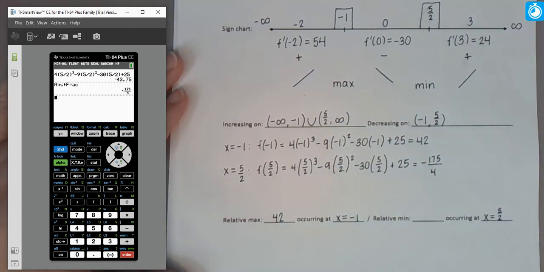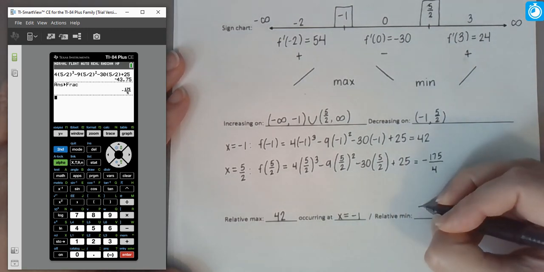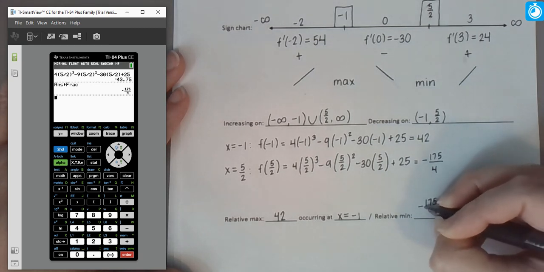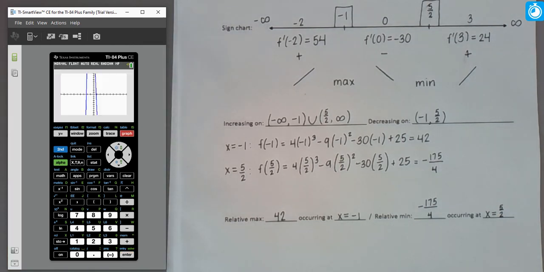That means that's the actual relative maximum. That's the actual function value. That's the highest function value in relation to the x values and their associated function values around x equals -1. And then our relative minimum value, the lowest value in relation to everything else around it, is -175 over 4, which we know is the same thing as -43.75.